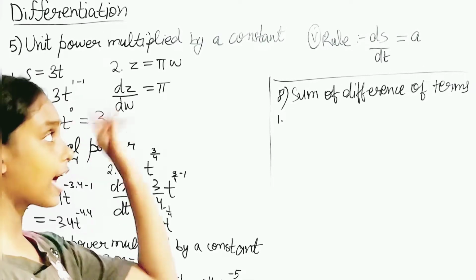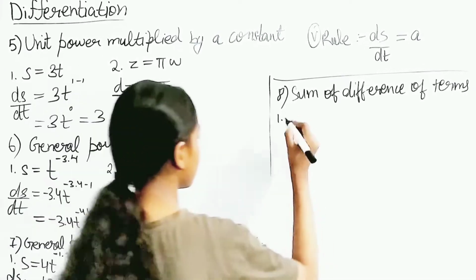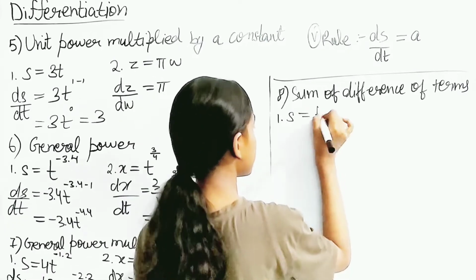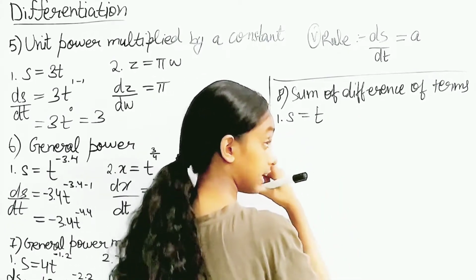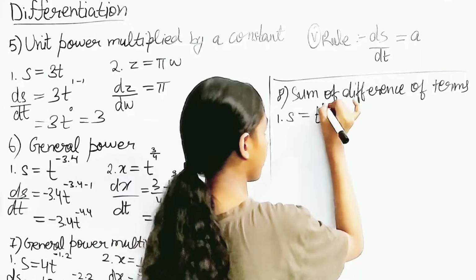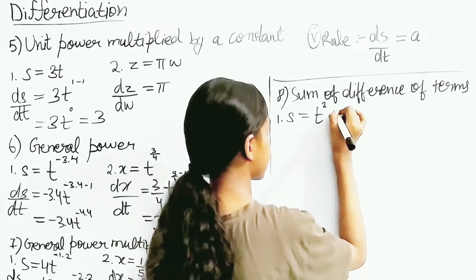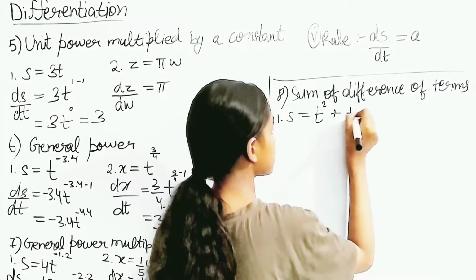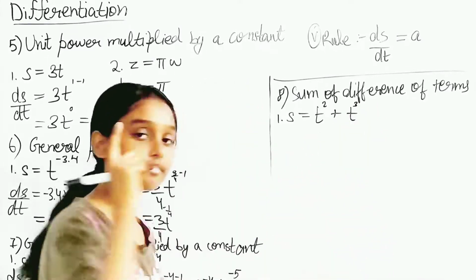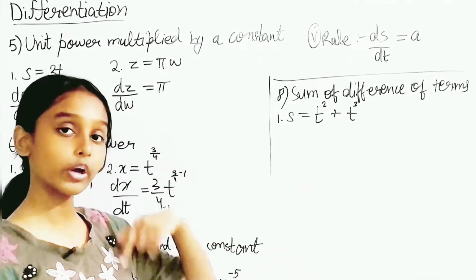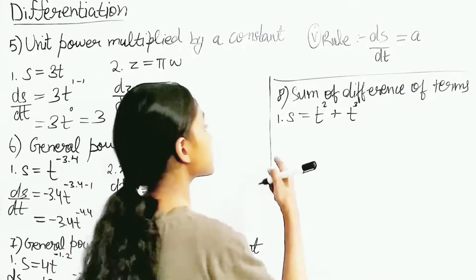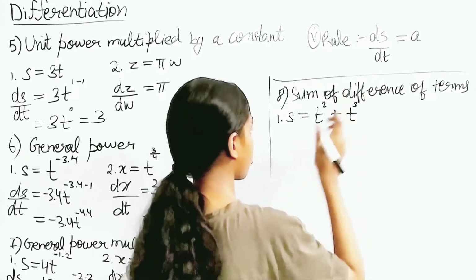Okay, let's start with the s and t. s is equal to t squared, let's take plus, t squared plus t cubed. Okay, that's what we're going to take. s is equal to t squared plus t to the power of 3.